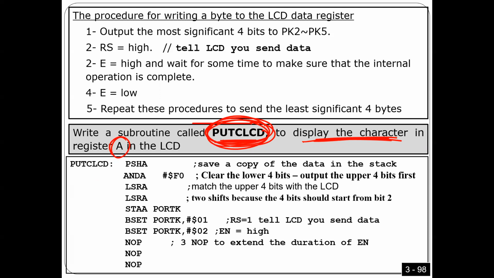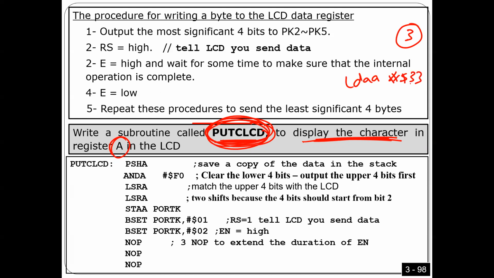For example, I want to display number 3 on the LCD. How can I do that? Number one, you have to put the ASCII of 3 in register A. So I'm going to say load register A with number 33.